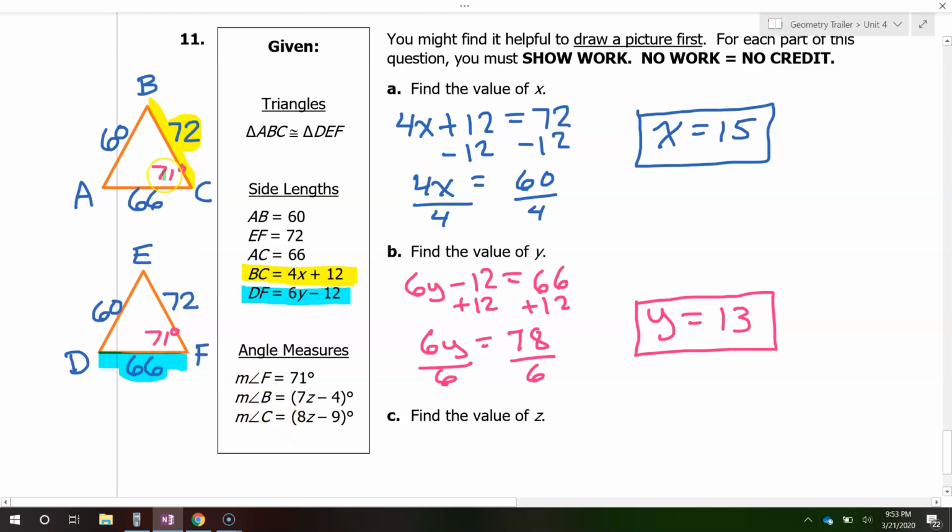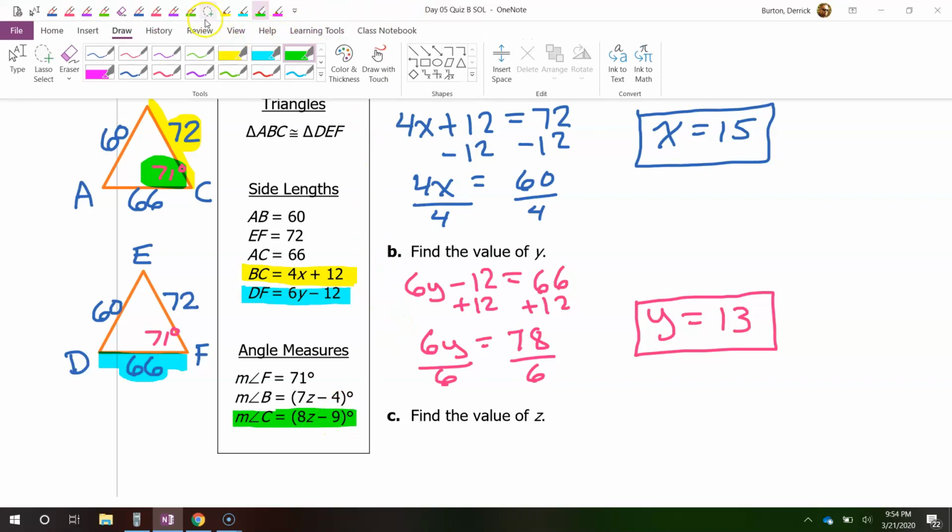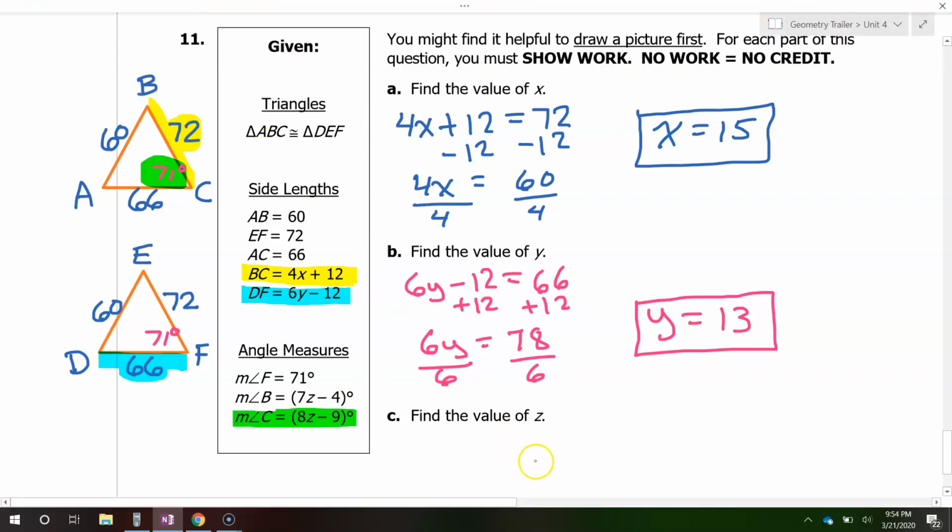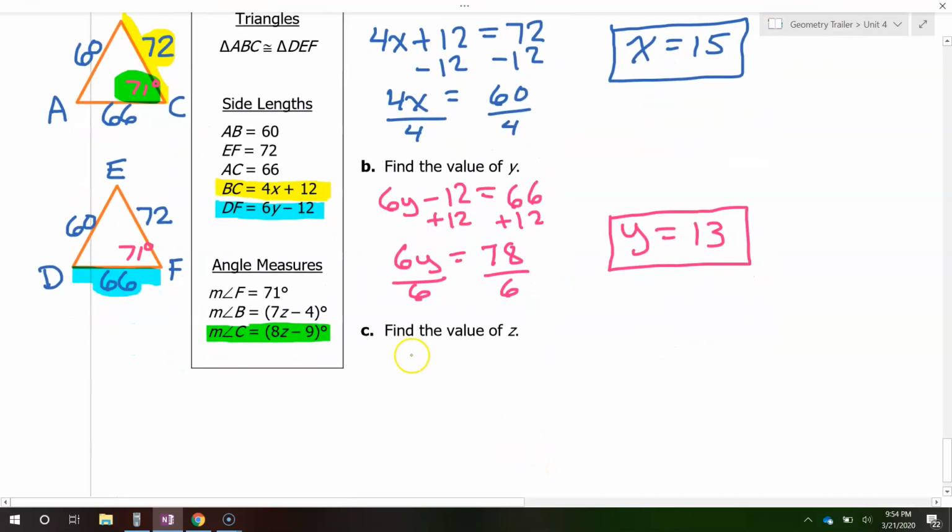Okay, I'm going to use angle C right here because I have an expression for angle C right here. So, if angle C is 71, that means this expression should equal 71. So that means 8z minus 9 should equal 71.